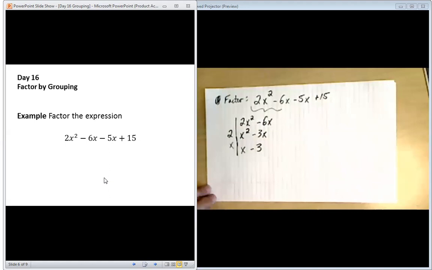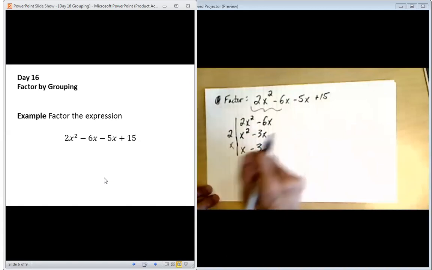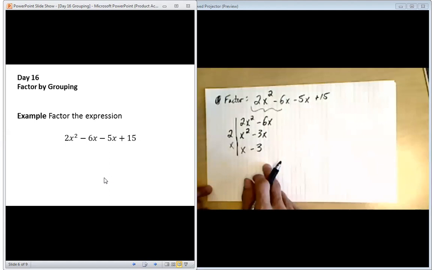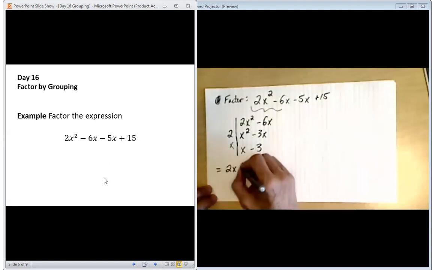No, it's this actually. We go left to right. And so take it right to the last bit there. 2x, bracket, x -3 like that.